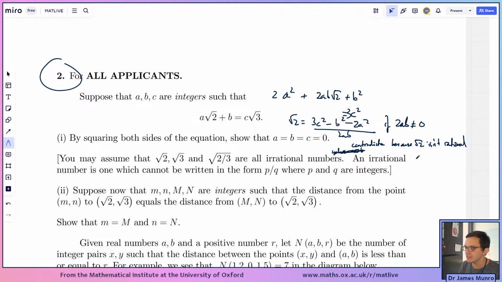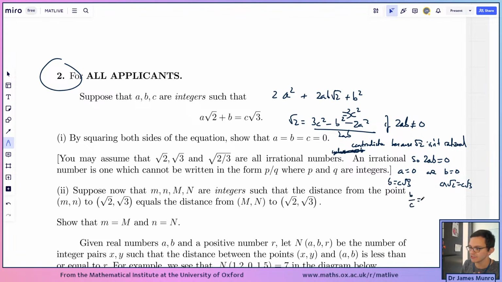If 2ab is 0 instead, which means that either a is 0 or b is 0, actually both, we're going to find out, but it means a is 0 or b is 0, or both. If a is 0, then b is equal to c root 3, and if b is 0, then a root 2 equals c root 3. Now either way, that's an expression pretty clearly for some irrational number to be a fraction.